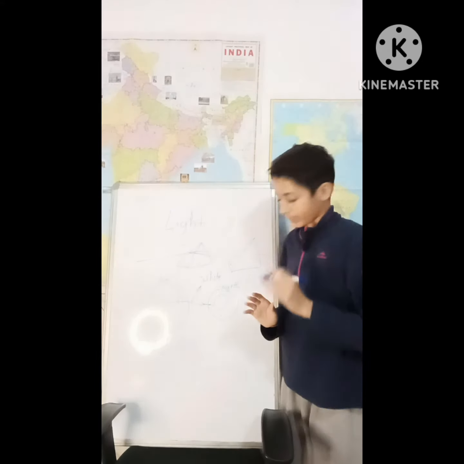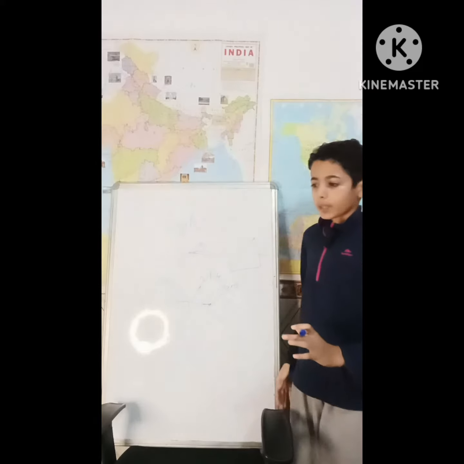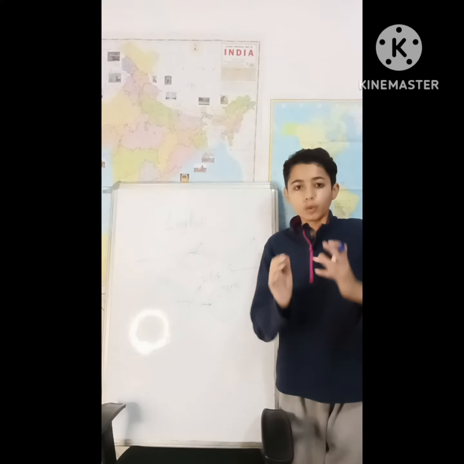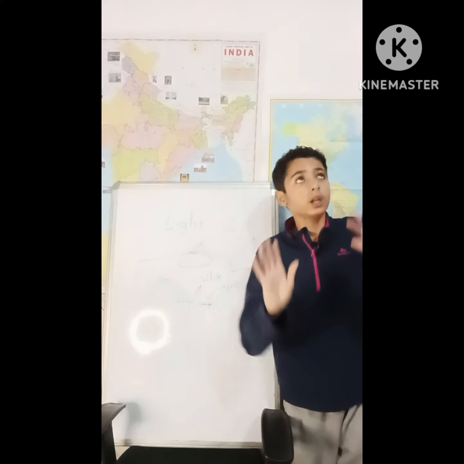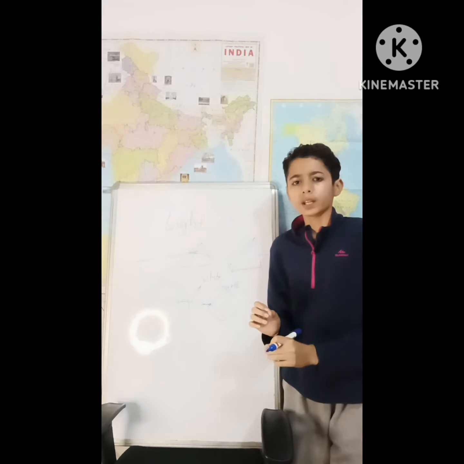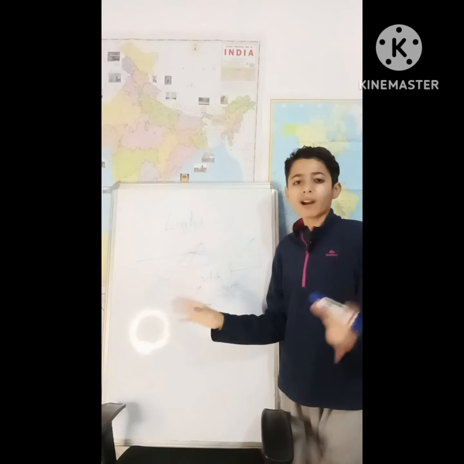After that we can see the blue color in the sky. But as I said, it consists of many other colors also. It has 7 colors, so why do we only see blue?